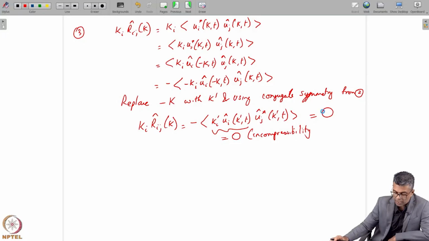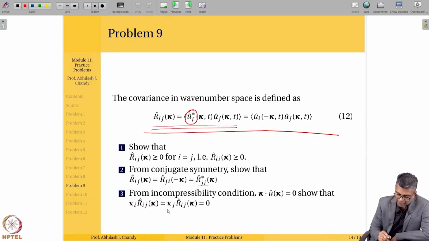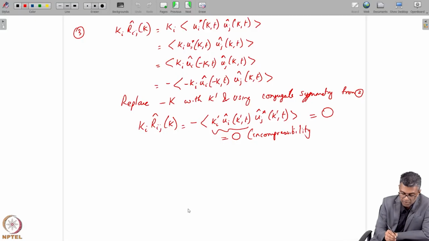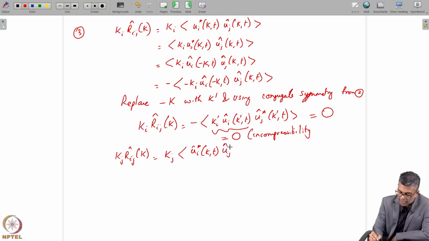Now there was an additional part to it where I had to prove kappa j Rij hat of kappa is also equal to 0. So how do I prove that? Similarly, I do kappa j Rij hat of kappa, which, using the definition, is kappa j times the covariance of ui star of kappa comma t and uj hat of kappa comma t.